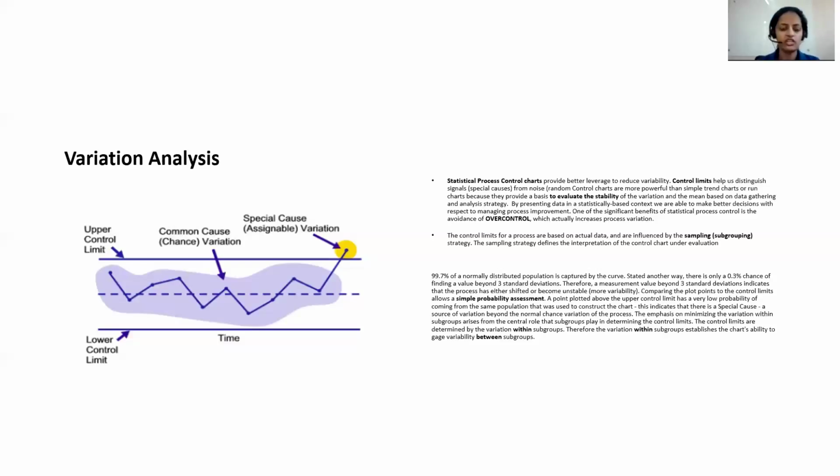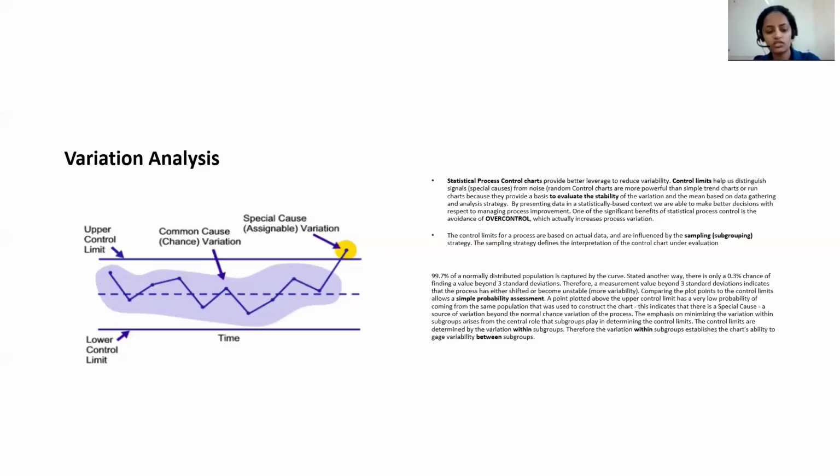Therefore, anything which is beyond 3 standard deviations, we consider that the process has either shifted or it has become unstable. Comparing the plot points to the control limits allows us to analyze the probability assessment.